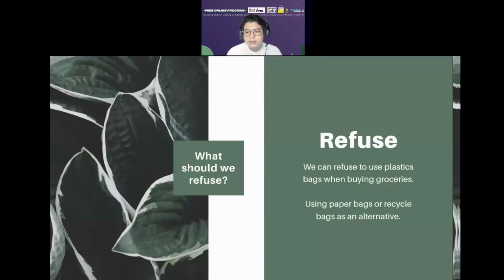But sometimes the plastic bag is very big, but the content is just this small, a cucumber of this size. So one of the alternatives is that we can use paper bags, or we can bring our own recycled bags as an alternative to pack those groceries that we buy. This can help reduce the plastic usage from us.